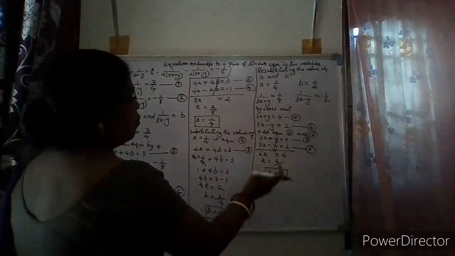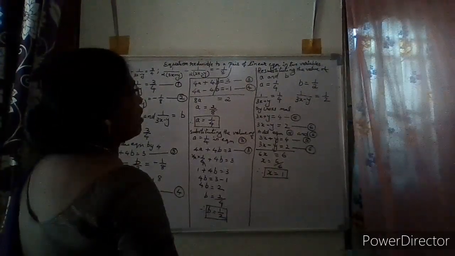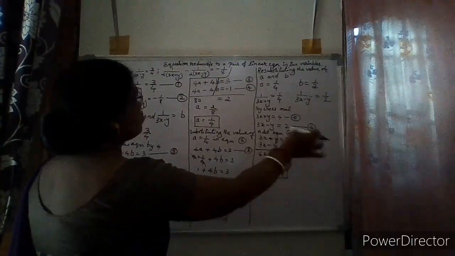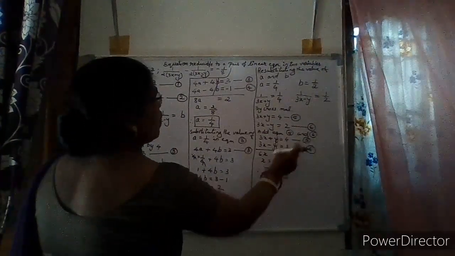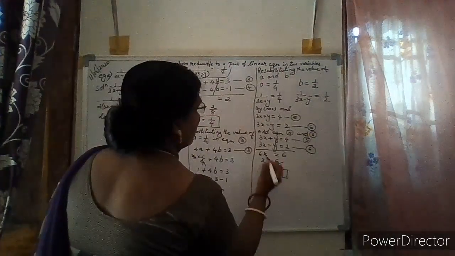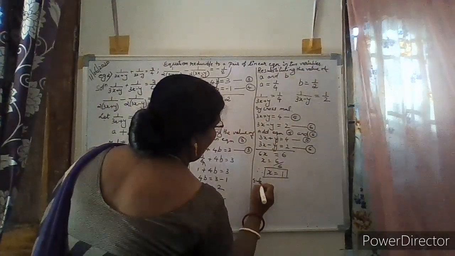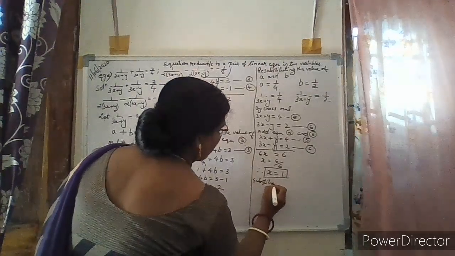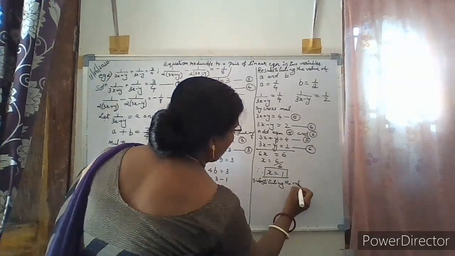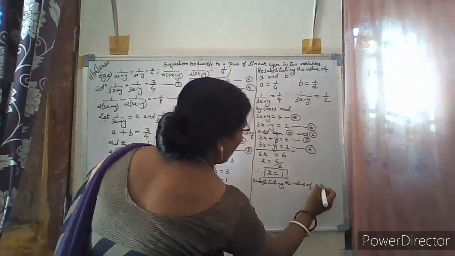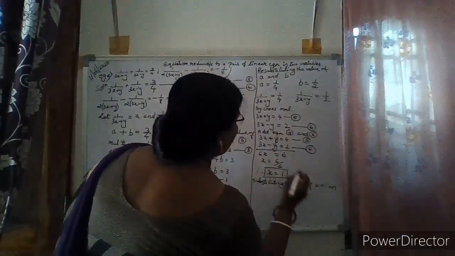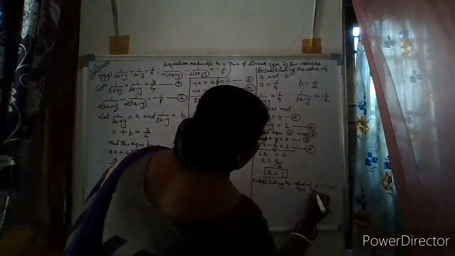Now we can substitute the value of x in any one of the equations, either 5 or 6, very simple linear equations. So substituting the value of x equal to 1 in equation, let us take equation 5.